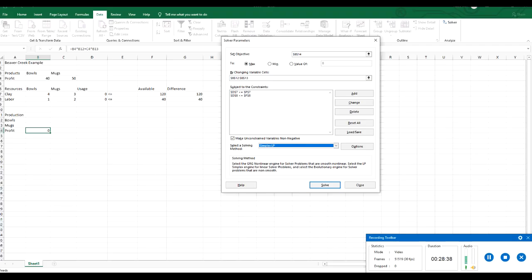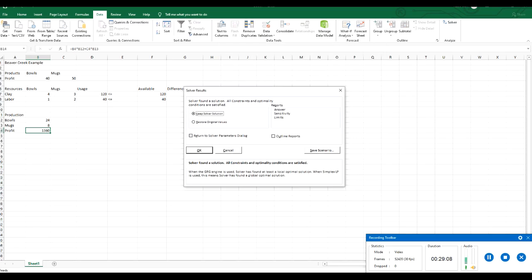It will continue until we've used 120 kilograms of clay. It will continue until we've used 40 hours of labor. Then it will examine all of those possibilities and choose the one with the maximum profit, because that's what we've told it to do here and here. So we click Solve.